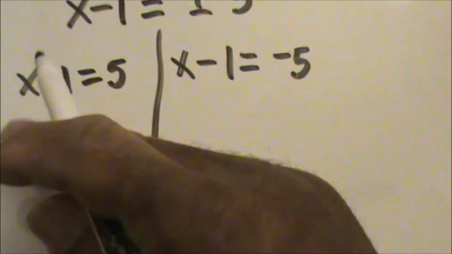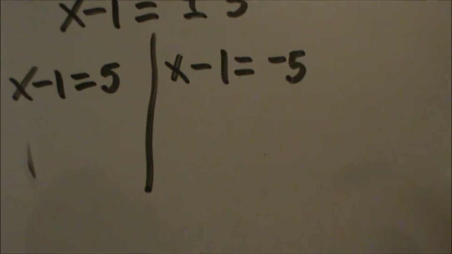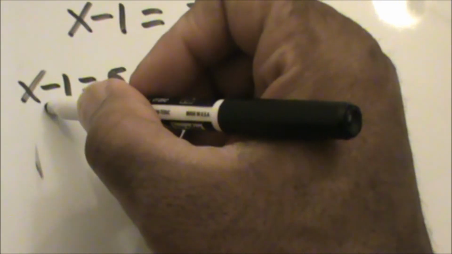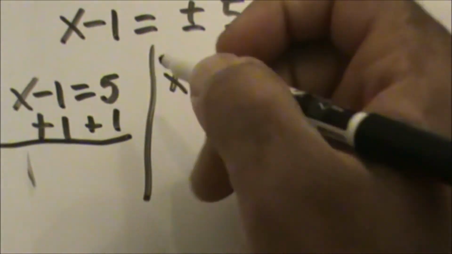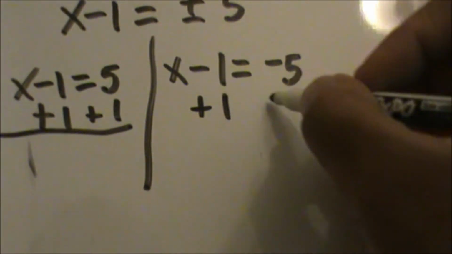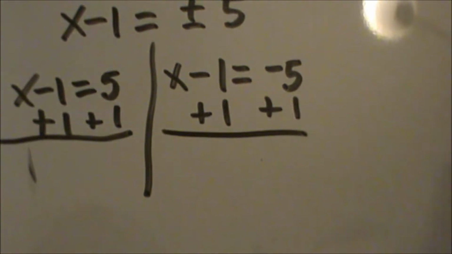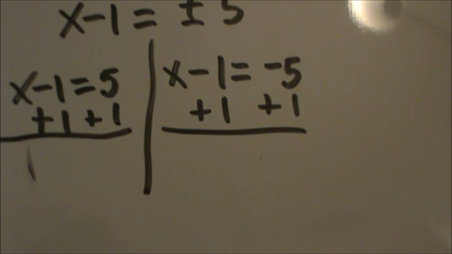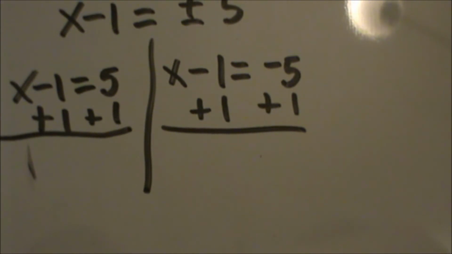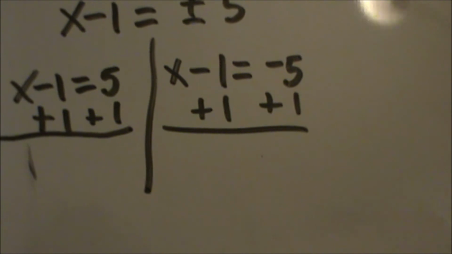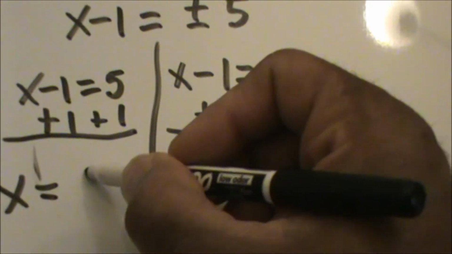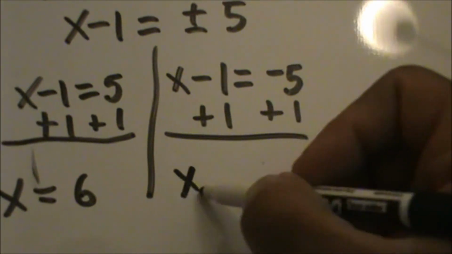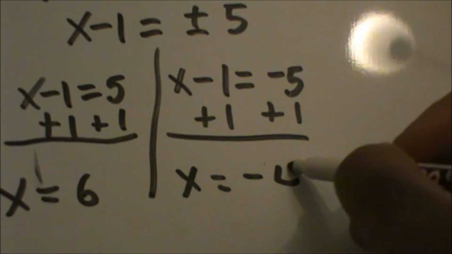So you're finding the solution for both positive 5 and negative 5. In solving, we look at the sign and we add the opposite using properties of equality. I'll do it on the same side so that it illustrates that you're using the same properties of equality on both sides. Taking the subtraction, you add its opposite, addition, on both sides. x equals a positive 6, and here x equals a negative 4.